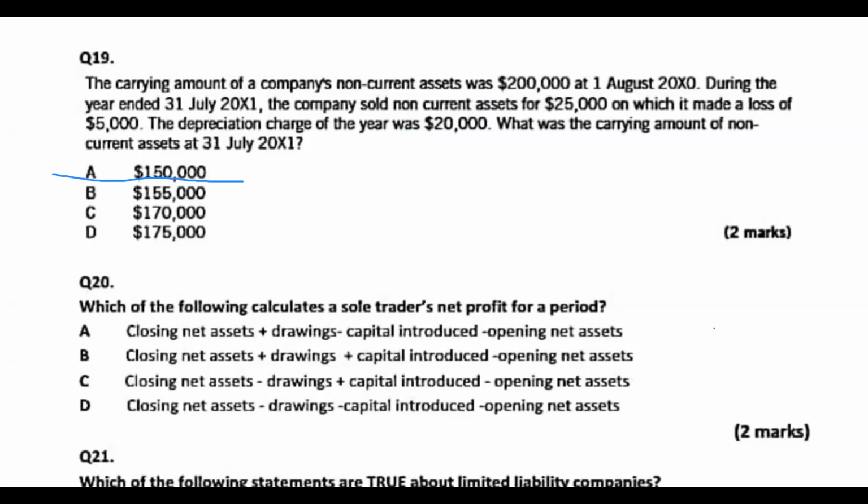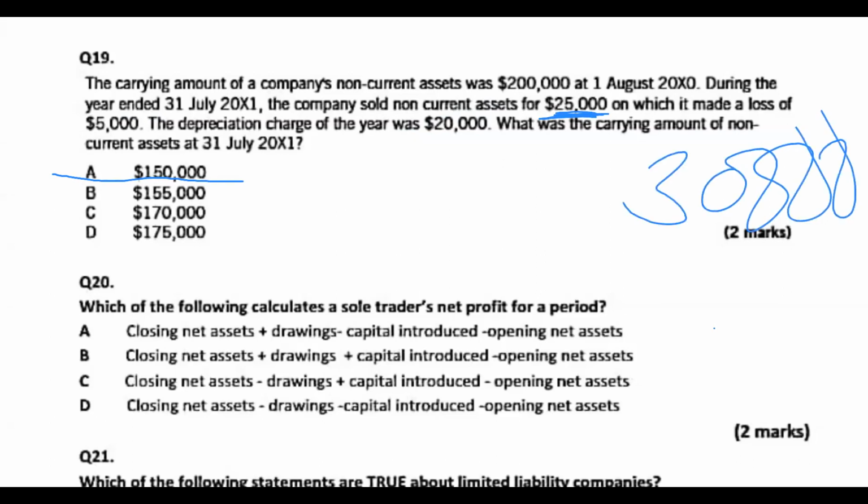So these guys, they received 25,000, but initially they were supposed to receive a third pin. So there is a loss of 5,000. When you add that plus the amount that they received, you get the amount that was removed from the assets.